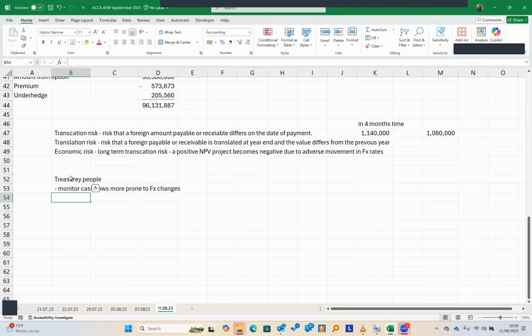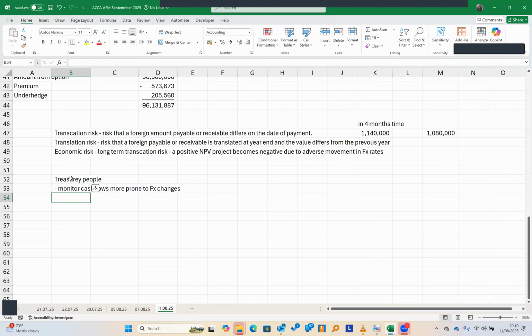So those are cash flows that they monitor. And if the cash flows that may end up suffering are identified, then you can choose to actually have those hedged, leaving the others unhedged.